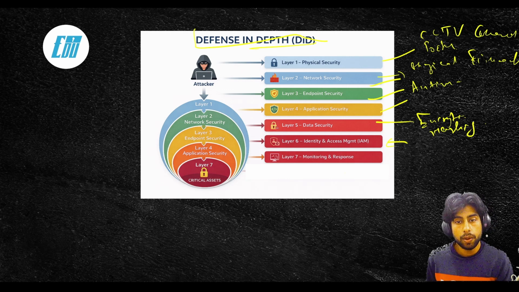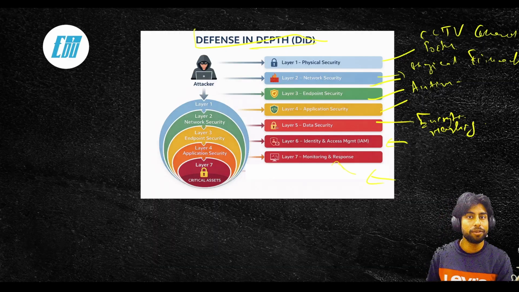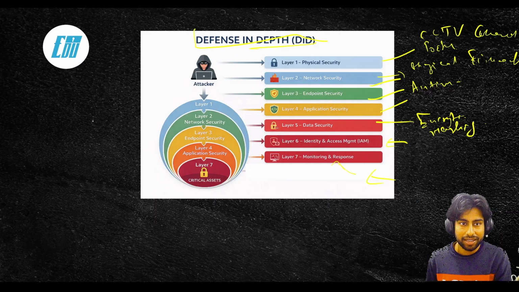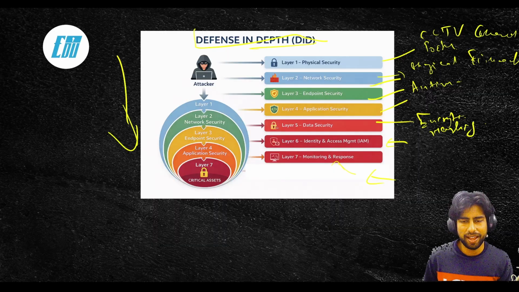Okay, at the end there is a seventh layer, and it is monitoring and response. It's kind of like a guy who, if a hacker is able to get through all these 6 steps, at the end there will be a guy saying, I'm here to protect my system, my server, whatever it is. I will monitor them.